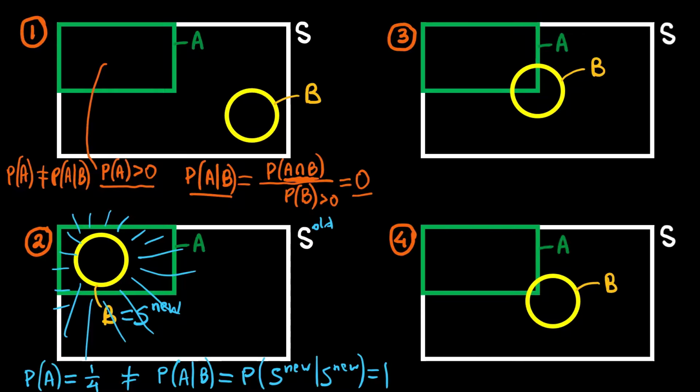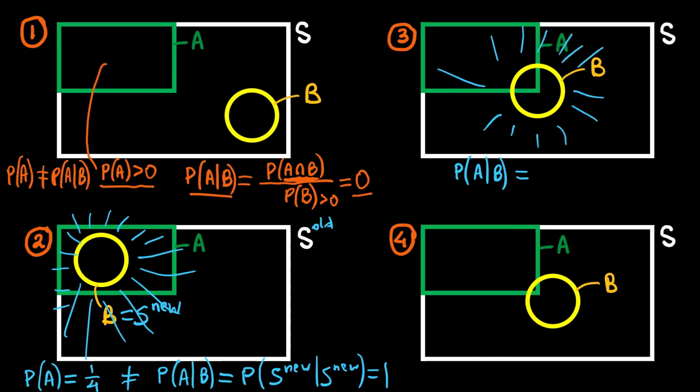Okay, let's take a look at 3. In 3, what do we have here? Well, let's explore what the probability of A given B is. So again, in your minds, think of B now as the new sample space. Anything outside of B does not matter.